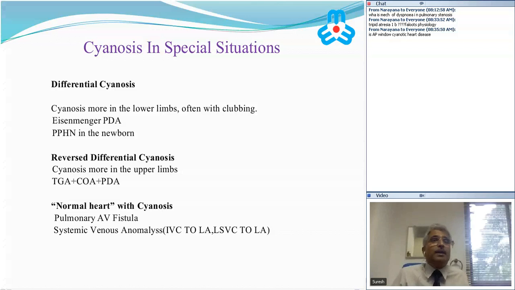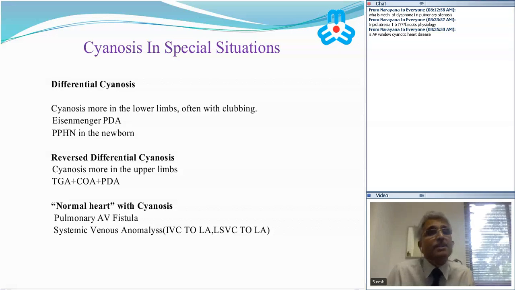So, as Eisenmenger syndrome develops in a PDA, the child is likely to be in the second or third decade. By the time clubbing would also be seen, you can notice a young individual who has cyanosis and clubbing which is pronounced in the lower limb and which is absent definitely in the right upper limb, maybe borderline in the left upper limb.